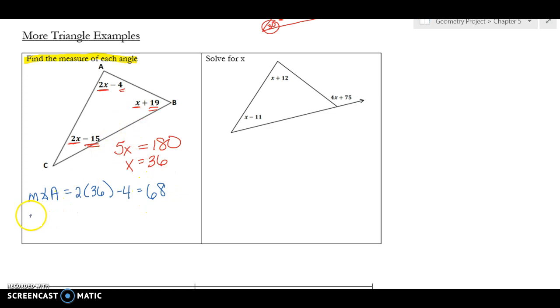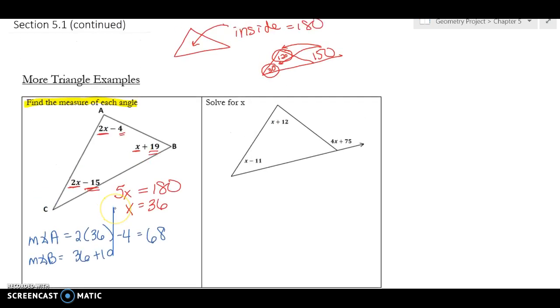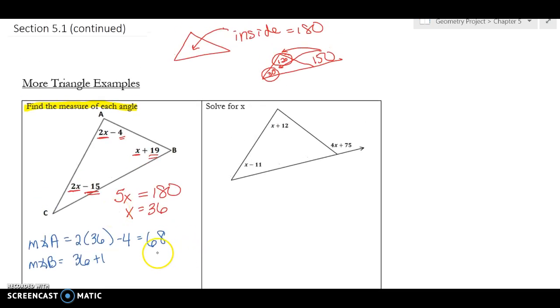The measure of angle B is x, so 36 plus 19. 36 plus 19 is 55. So the measure of angle B is 55.